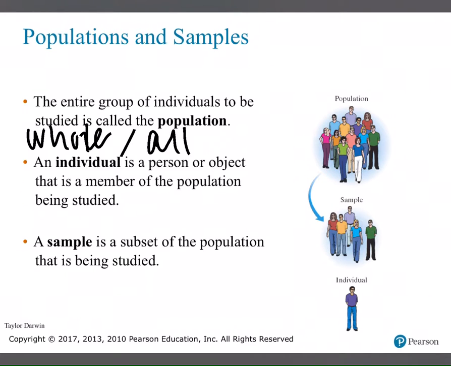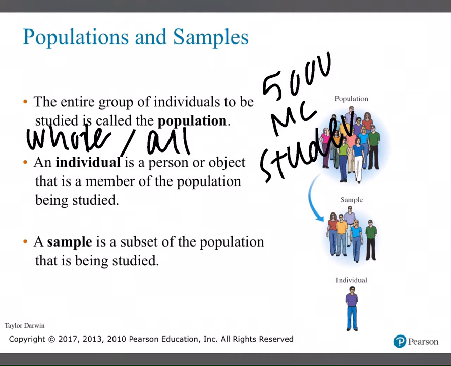So an example of population could be 5,000 Midland College students. Let's just say that's the whole of Midland College. So everyone that goes to Midland College, 5,000 people.